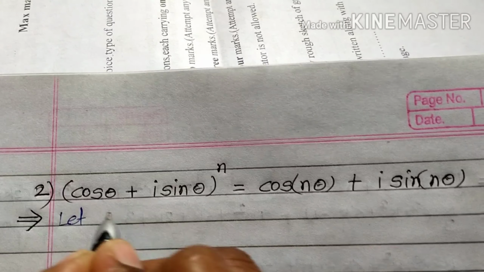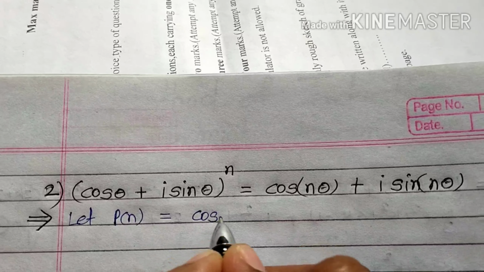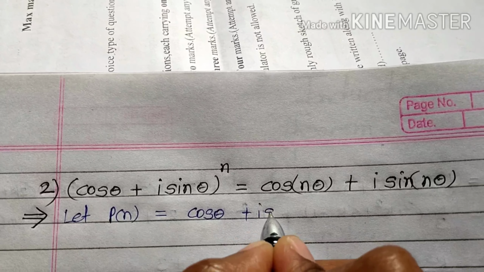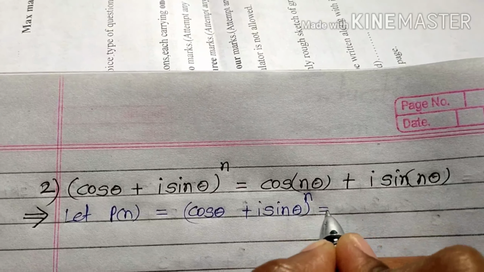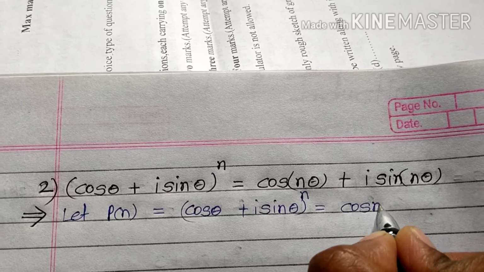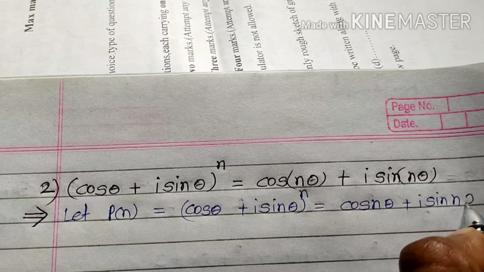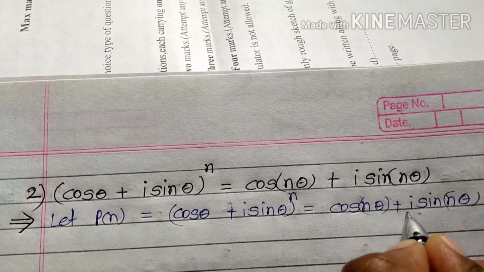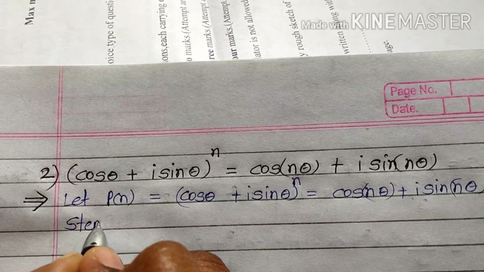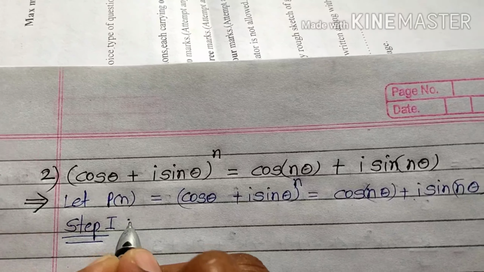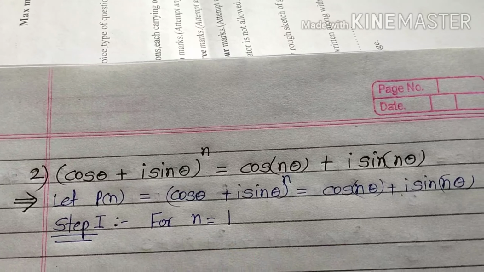So let P of n be this statement. Now take step first, for n is equal to 1.